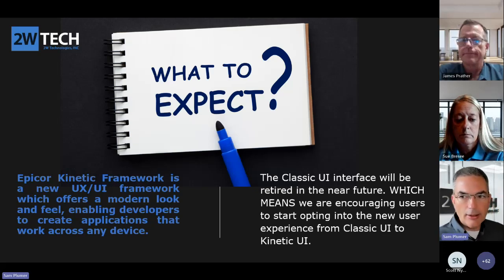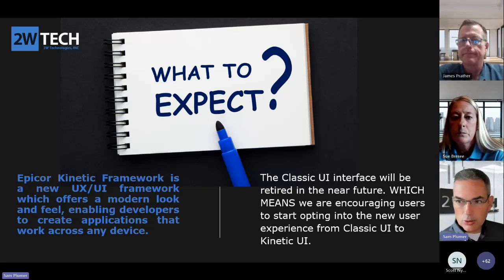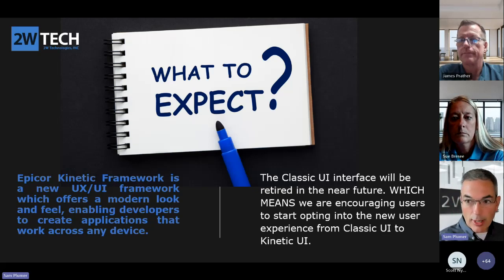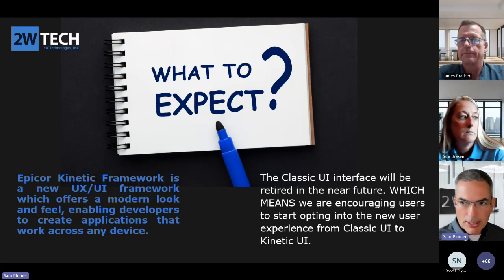And we'll clarify some things about what it is and what it is not. So beginning with Kinetic 2021.1, which was general availability about 2.5 years ago now, that was the first release of the product that is branded Kinetic ERP. And again, these share that word kinetic, but they really are two different things, because there are elements of the Kinetic UI that were already being introduced before the Kinetic ERP was introduced.